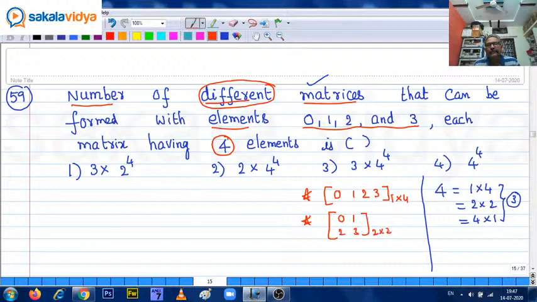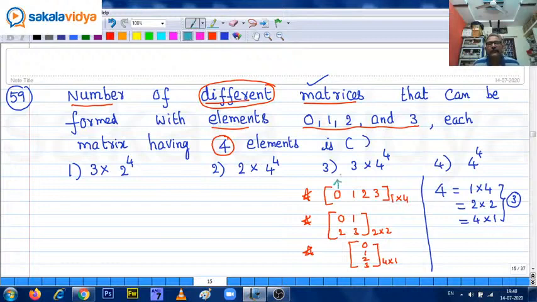This is 2 by 2, an example I am considering. Next a column matrix, 0, 1, 2, 3. These are the possible ways we can form it.